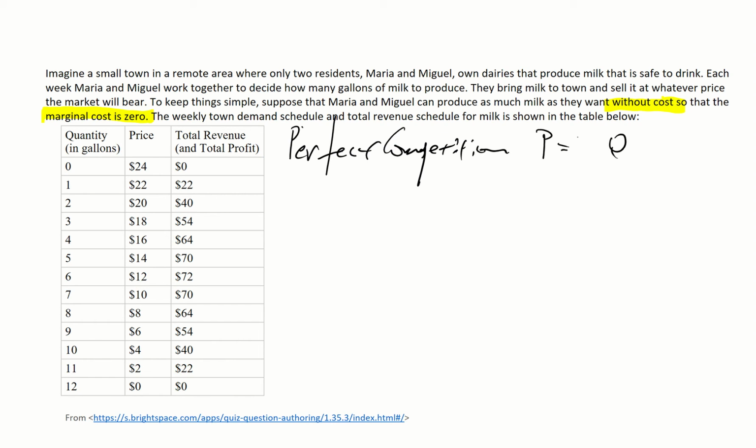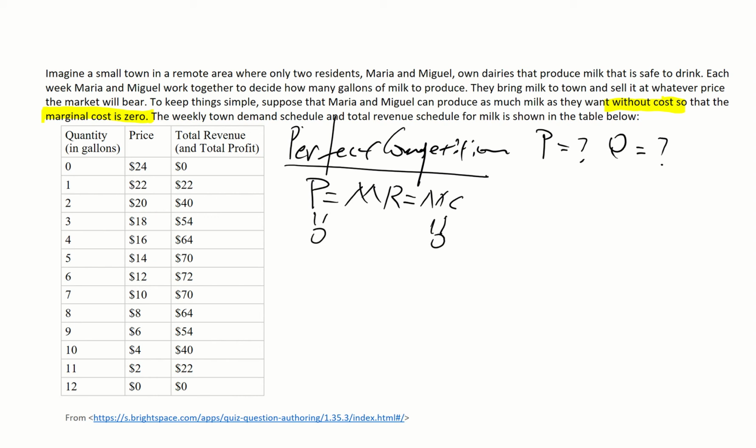For perfect competition, we studied this in previous chapters. The important information you have to remember is that your price is equal to the marginal revenue and is equal to the marginal cost. Since our marginal cost is zero under perfect competition, your price must be zero too.